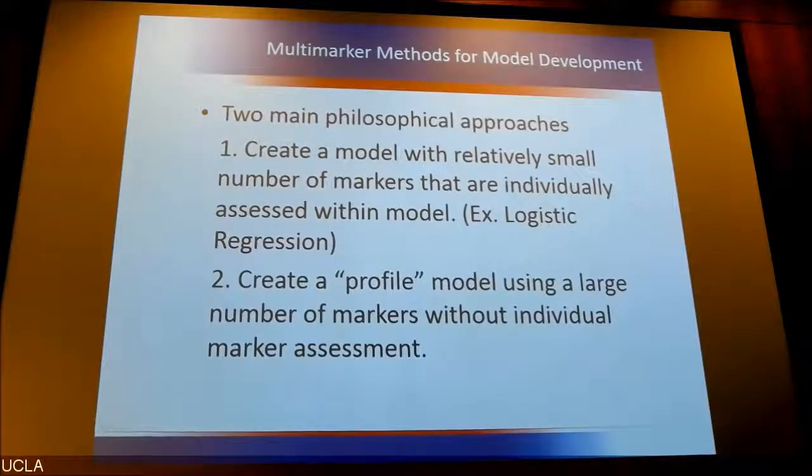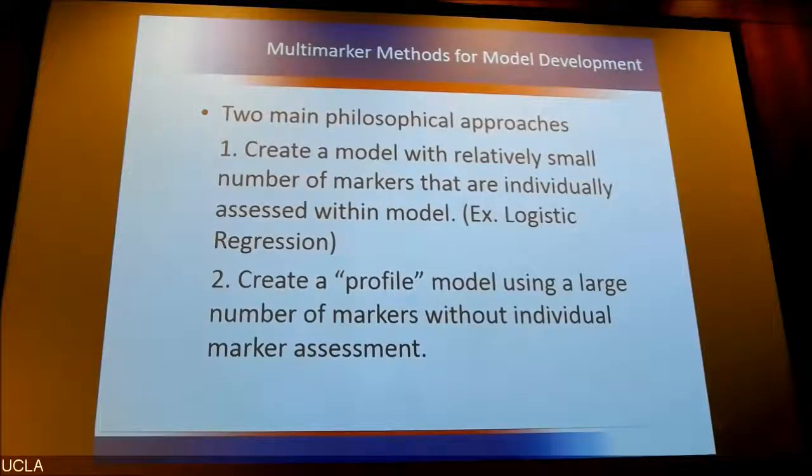The first philosophical approach is to create a model with a relatively small number of factors which we can individually assess within the model. This is more classical statistics, classical predictive models in medicine, where we're often very interested in making individual conclusions about each of the factors we're looking at, and to really understand how each one of those individual factors is contributing to the eventual decision-making of the model.